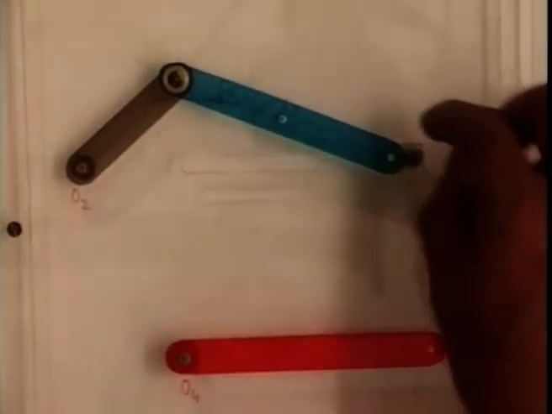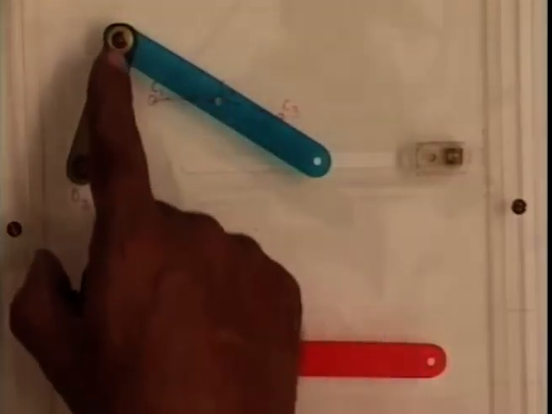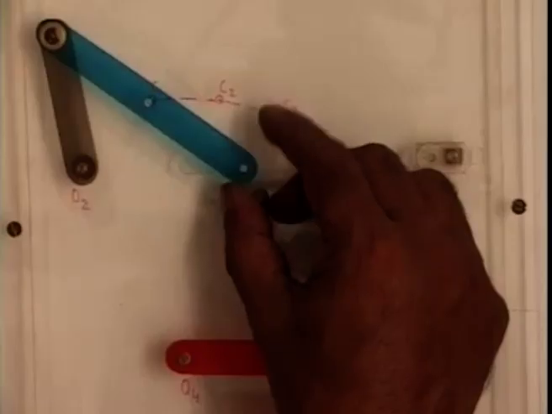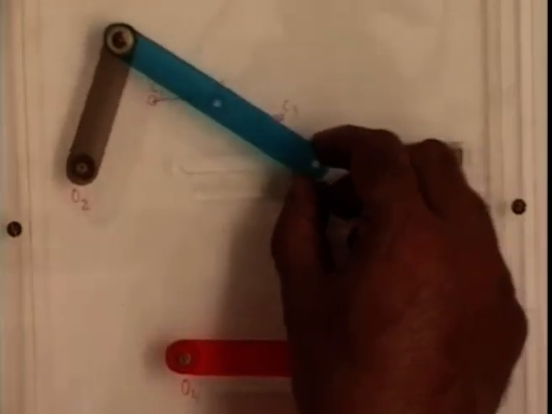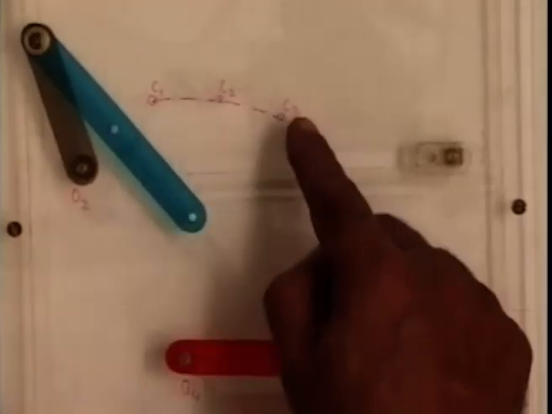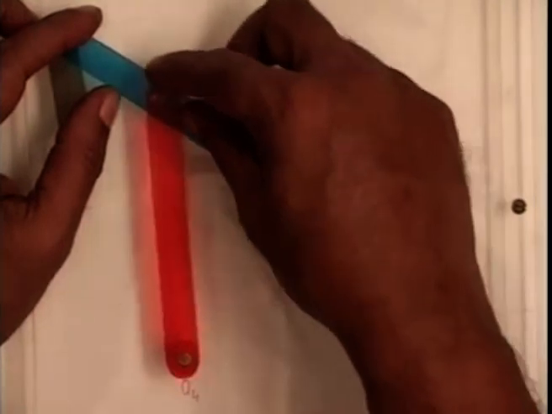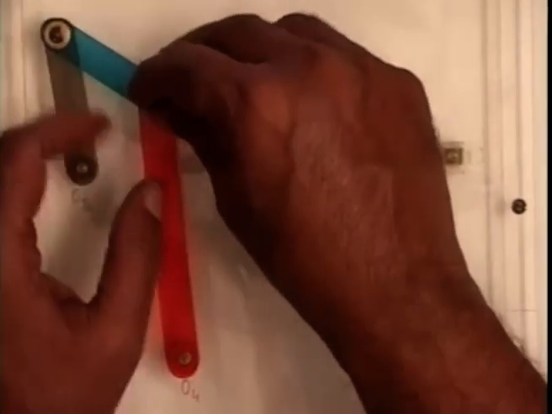Then we removed the slider and considered the midpoint of this connecting rod. Corresponding to these three positions, it is at C1, C2 and C3. The center of the circle passing through these 3 points is at O4, so we added a fourth link with O4 as the fixed hinge and connecting it with C1.